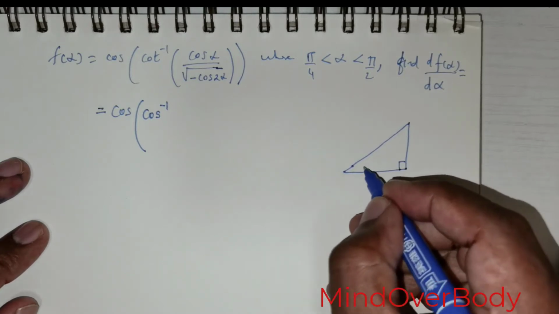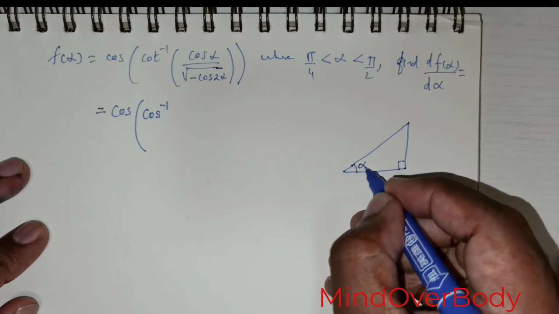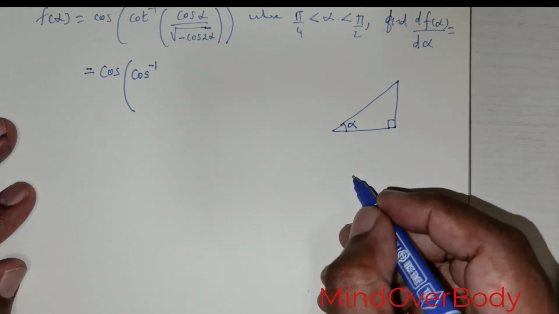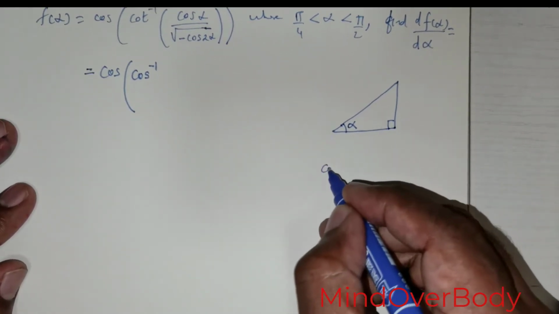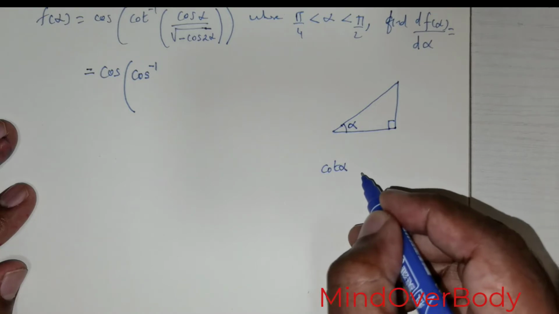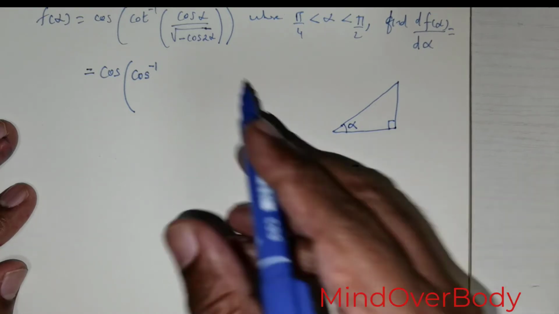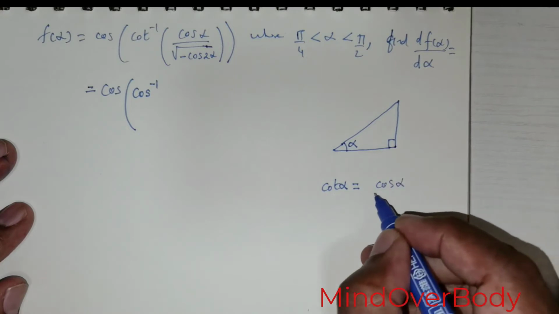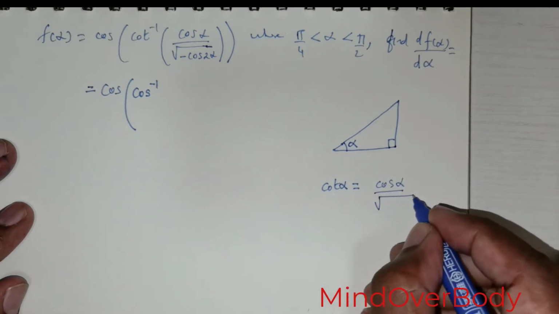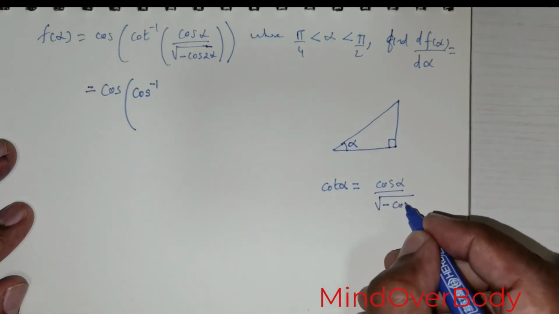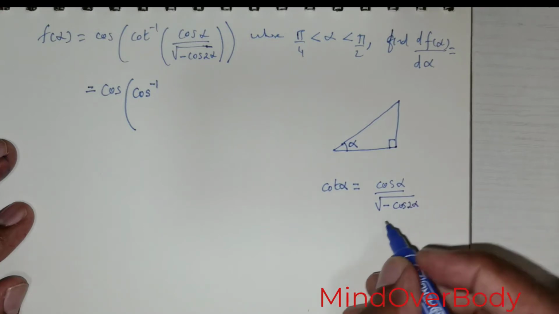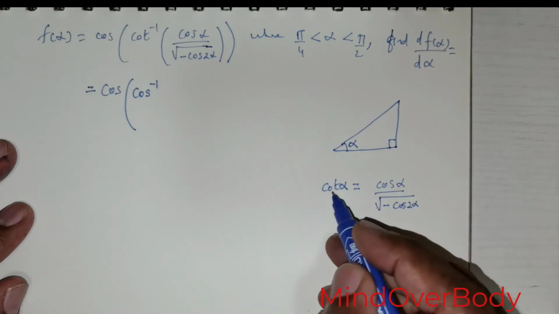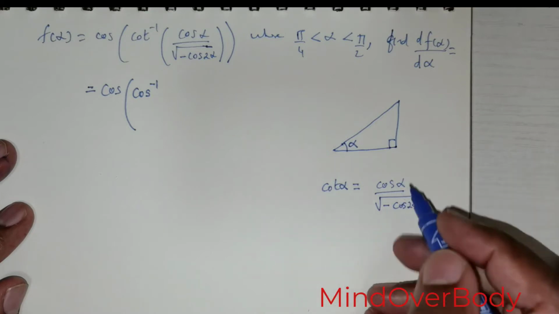It's a right triangle, and this is alpha. Now let us place cot alpha. Now cot alpha is given as cos alpha divided by square root of negative cos 2 alpha. So clearly from here alpha will be cot inverse of this, right?